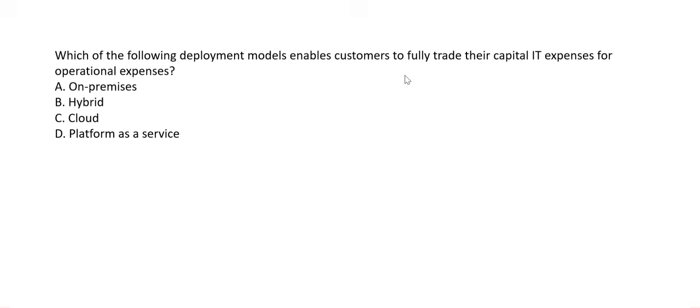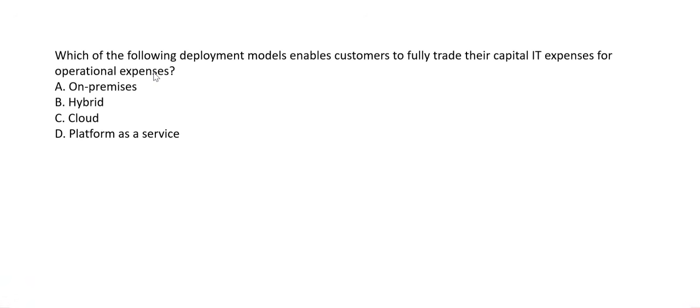So the question is saying you don't want to do that and you want to only pay for your operational expenses. So it's like capital expenses like buying your own car, and operational expenses like renting a car through, for example, Hertz rental.